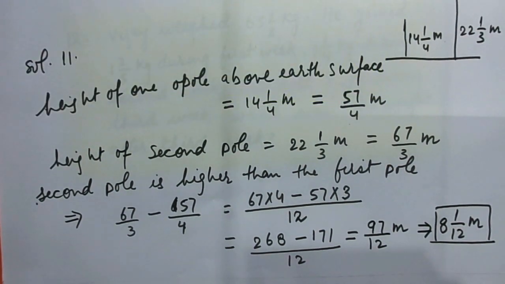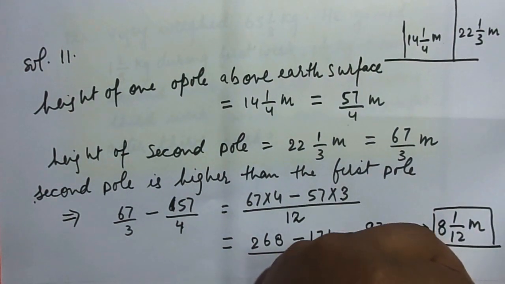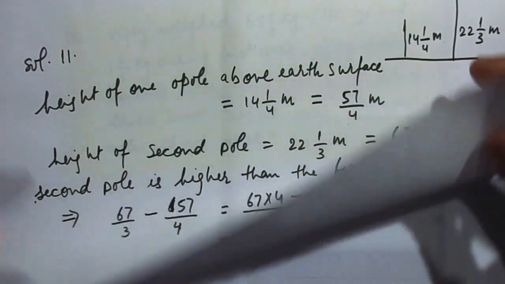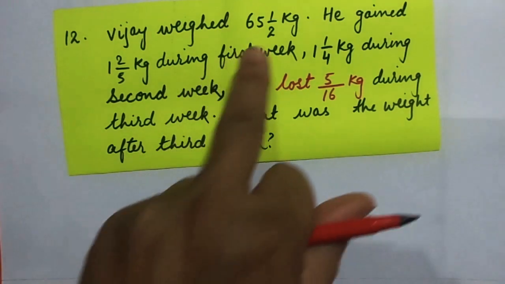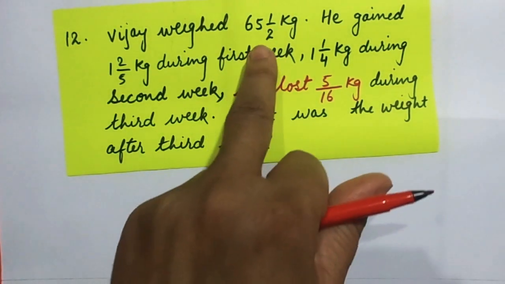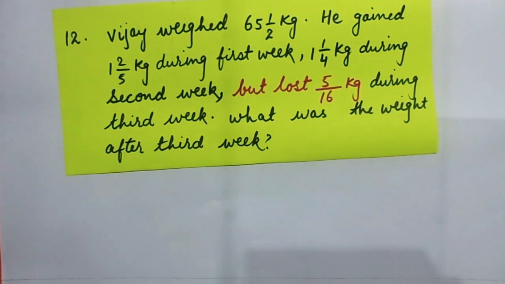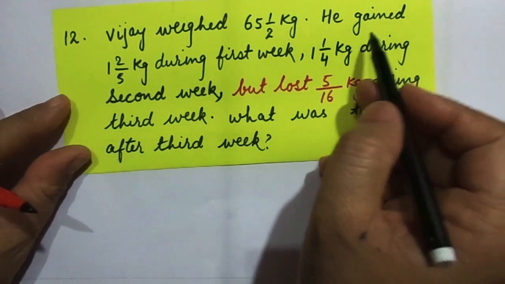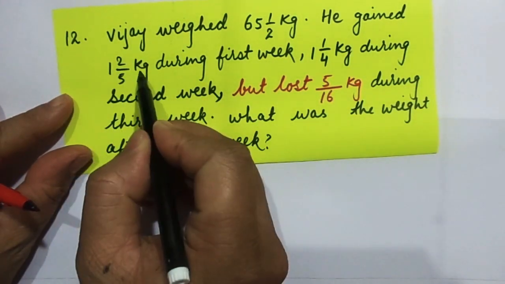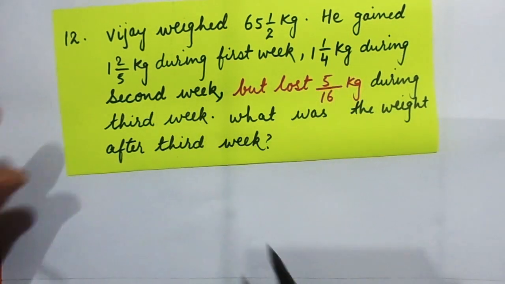Next, let's jump on to the next sum, and the next sum is Vijay, weight 65 1 by 2 kg. The weight of Vijay is given, and what did Vijay do? He was trapped in lockdown and he started gaining weight: 1 2 by 5 kg in the first week, and then 1 1 by 4 kg during the second week.